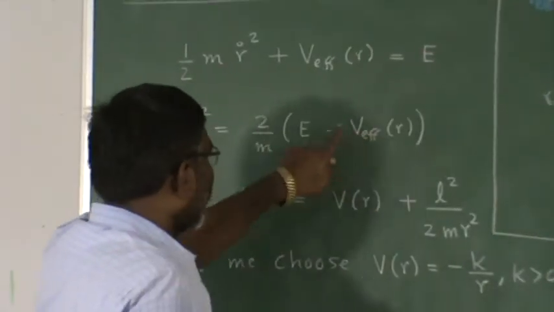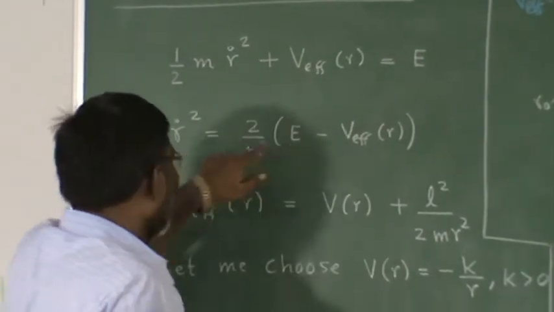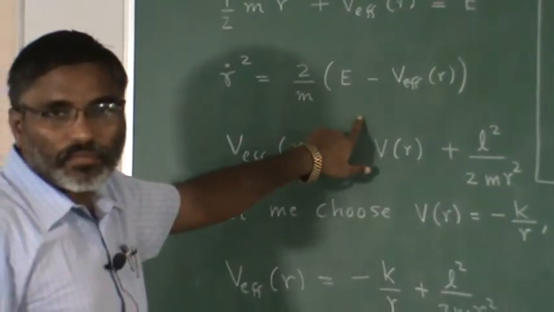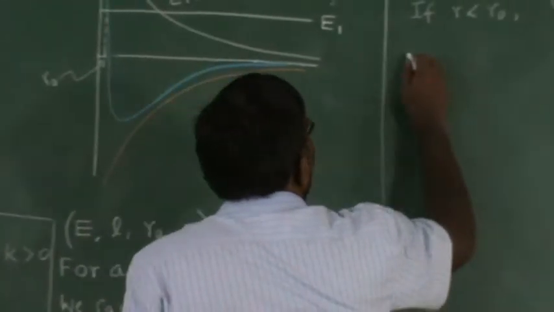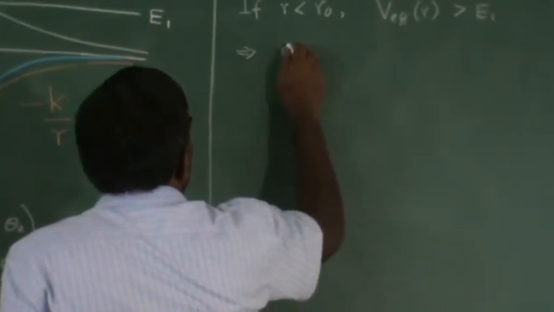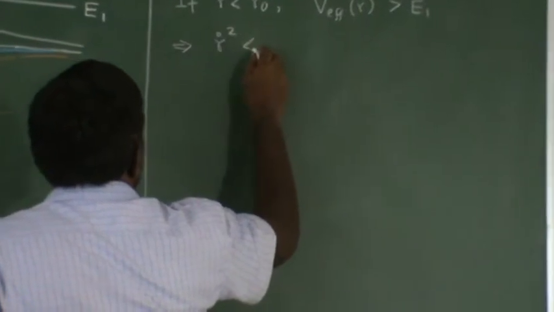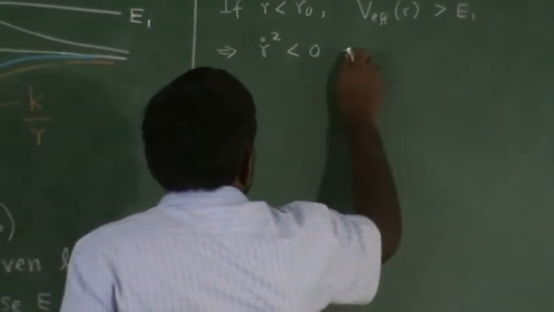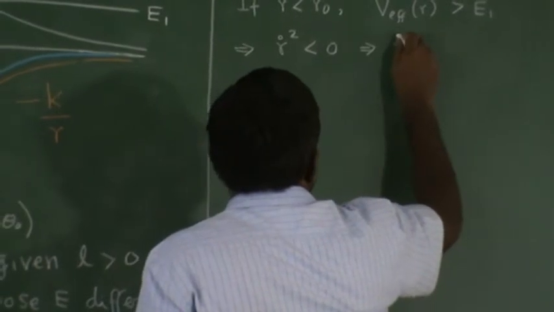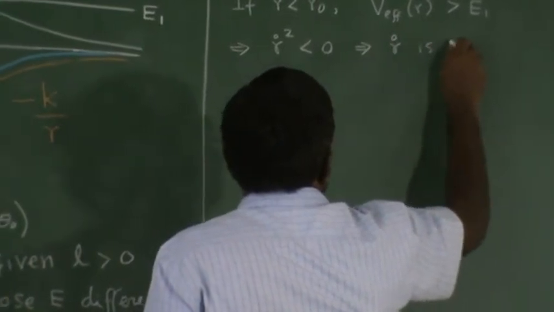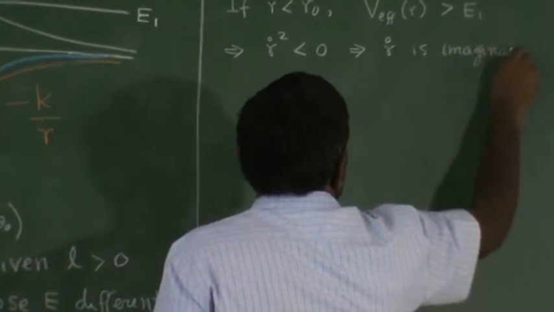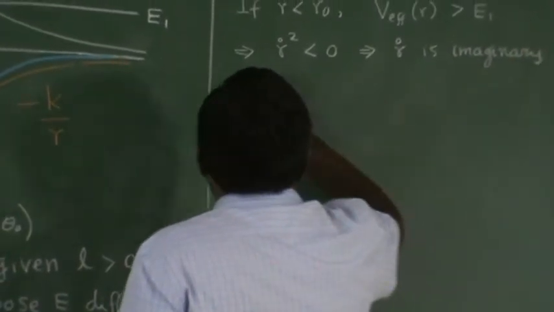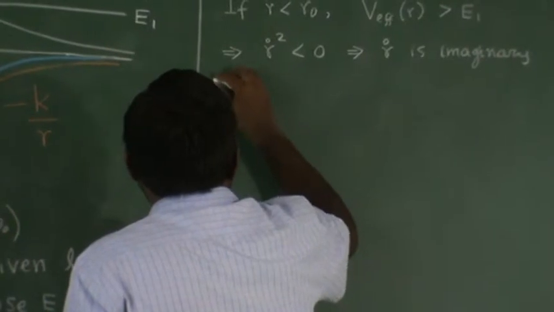If V effective is more than E1, then r dot square is negative. This implies r dot square is negative, which implies r dot is imaginary. So this is unphysical.